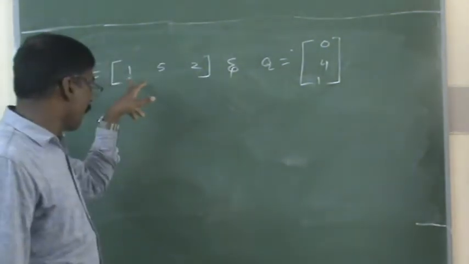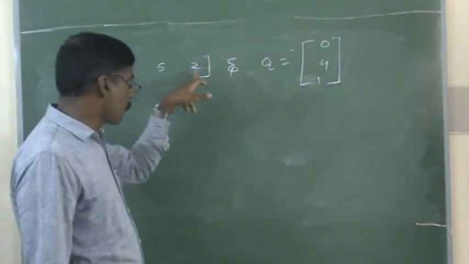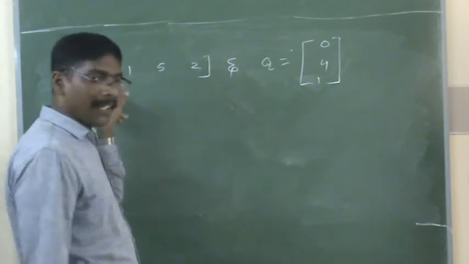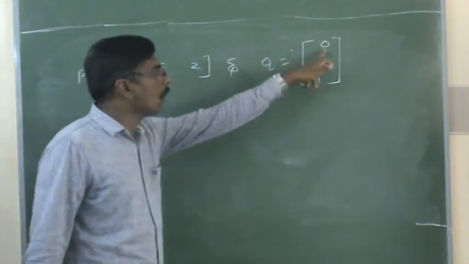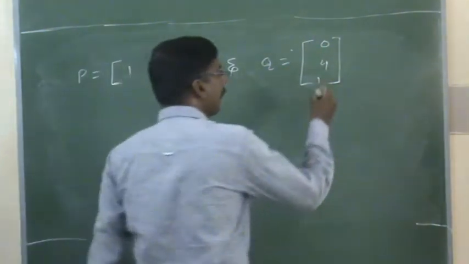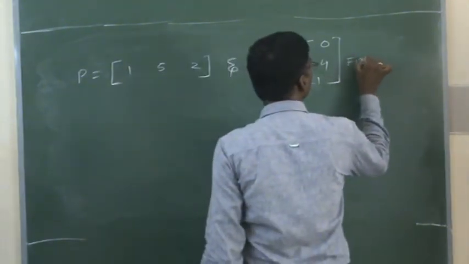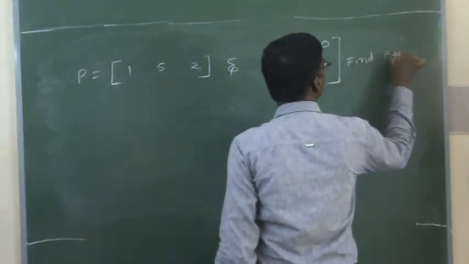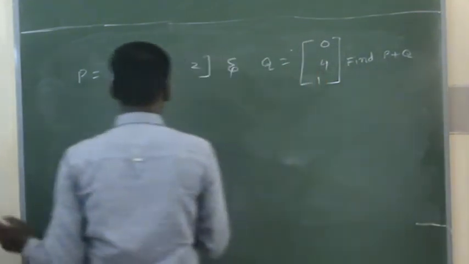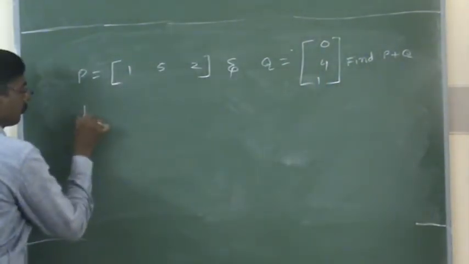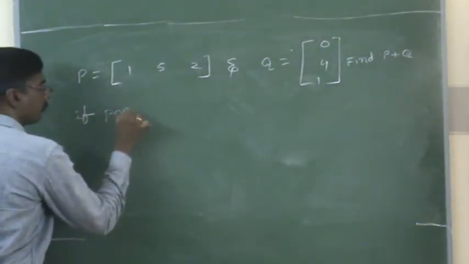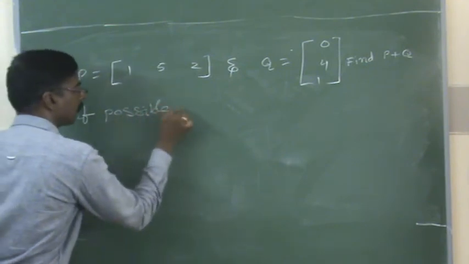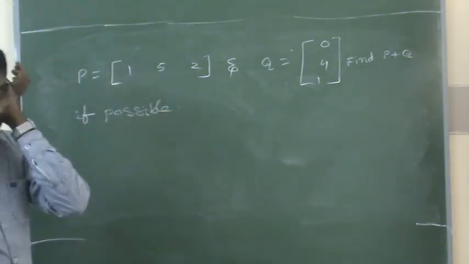Matrix P is 1, 5, 2. Matrix Q is 0, 4, 1. Find P plus Q if possible. Like that, they are asking the question.